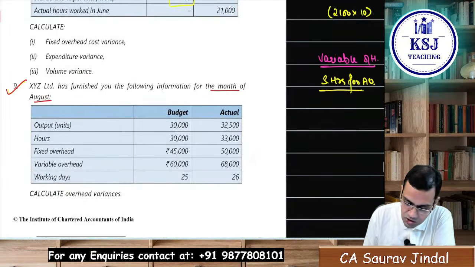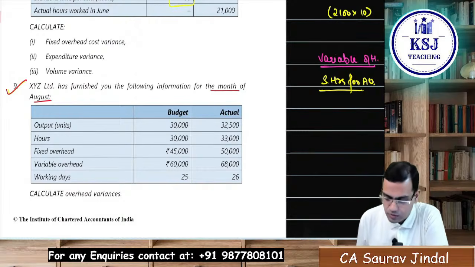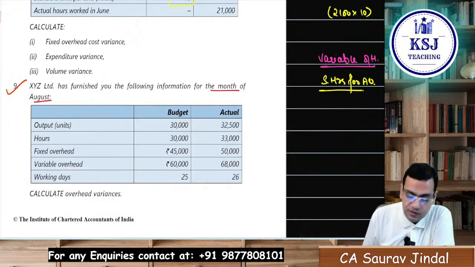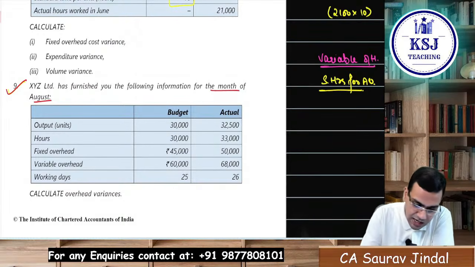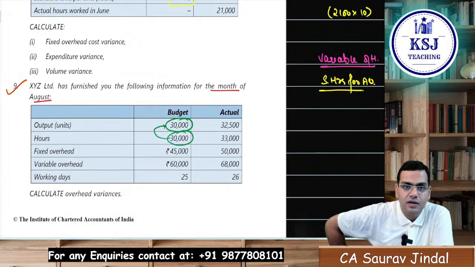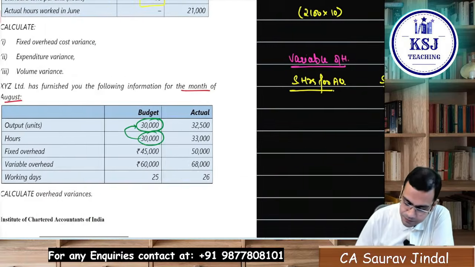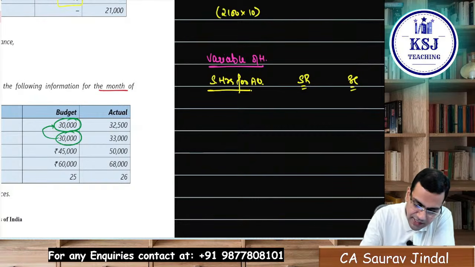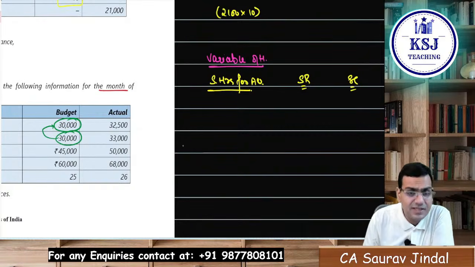Right, now let's talk about the variable part. What is the standard hours for the actual output? Now this 30,000 hours is for a budgeted output of 30,000 units, right? That is, for the standard output of 30,000 units, what is my standard hours?